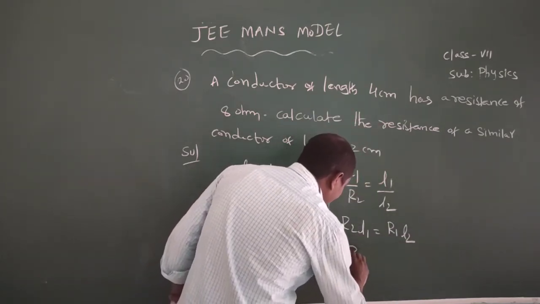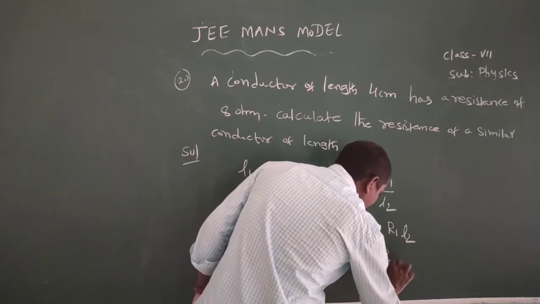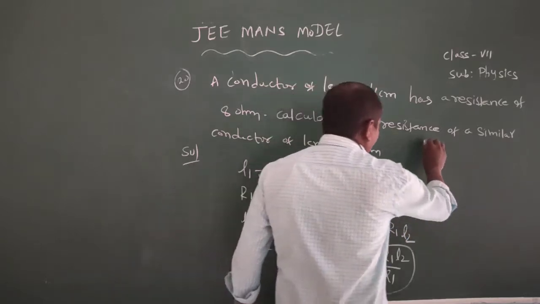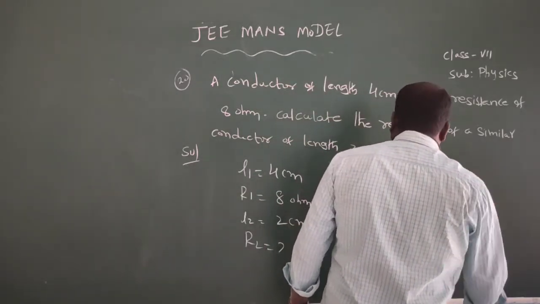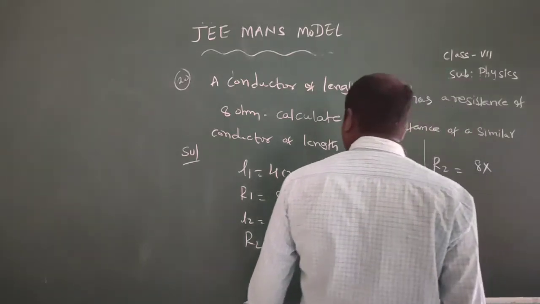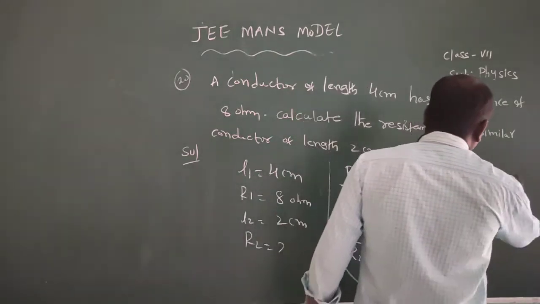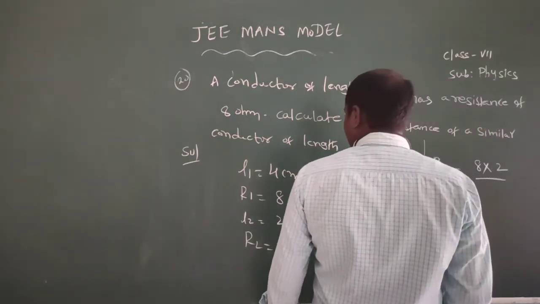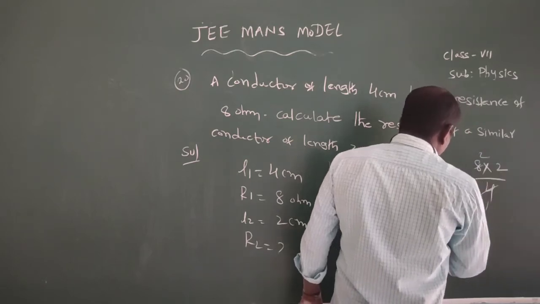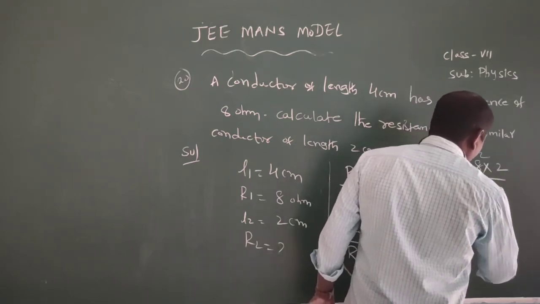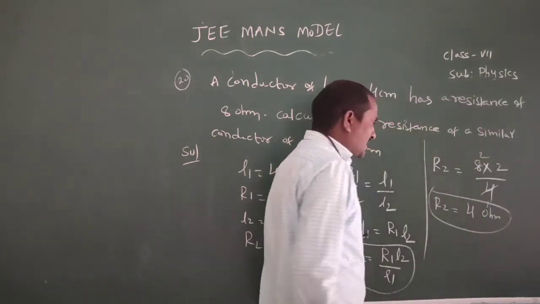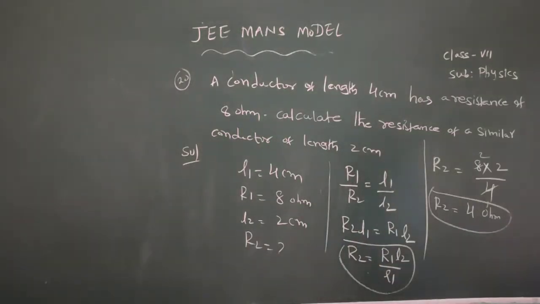So R2 equals R1 into L2 by L1, that is 8 into 2 by 4. So R2 equals 4 ohms.